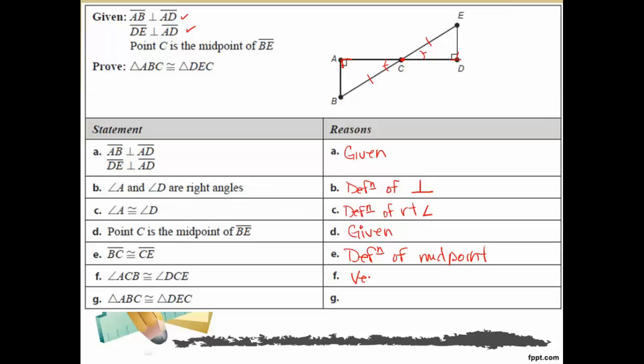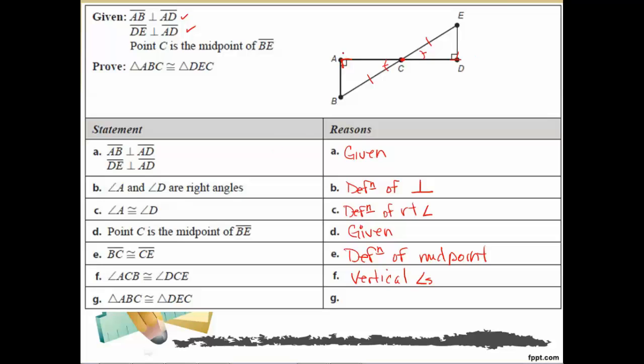So you're going to have to remember information that we've learned in prior units. Part G says that triangle ABC is congruent to triangle DCE, and that's what I was having to prove. The reason I can say that is, look up here at my picture.